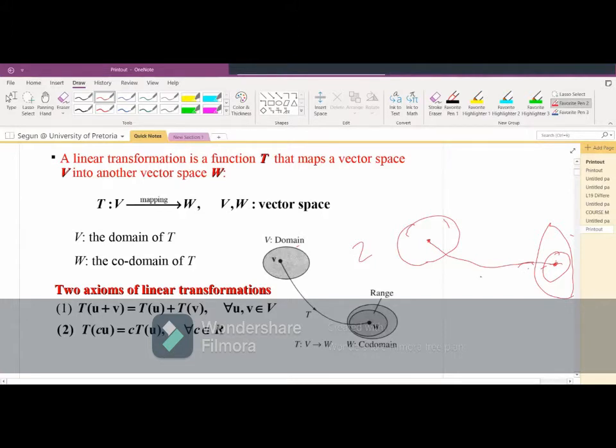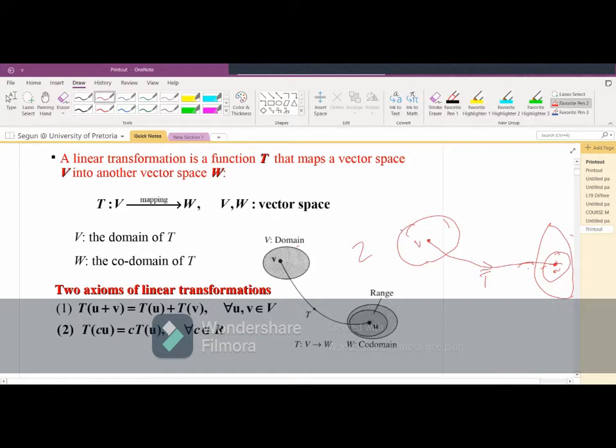So if this point is mapped to this one, through T, which is the transformation, we have here our small phi, and we have our small w.